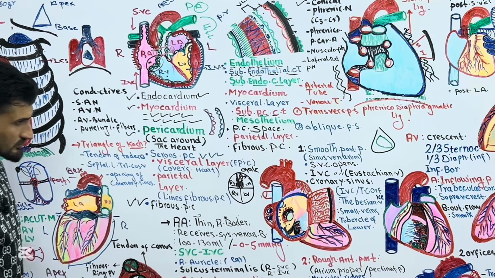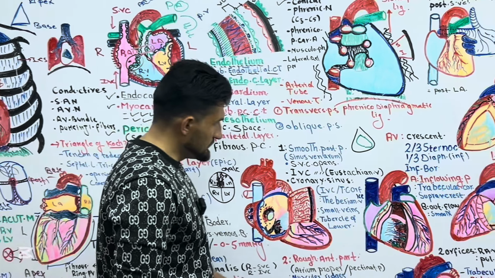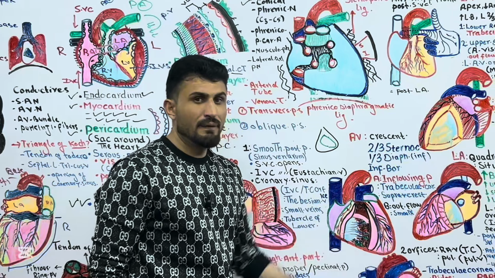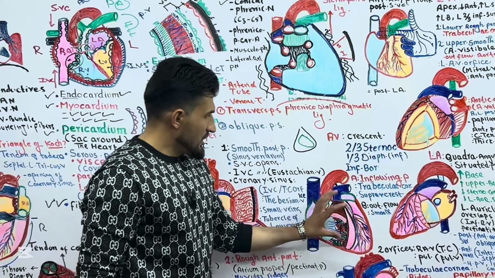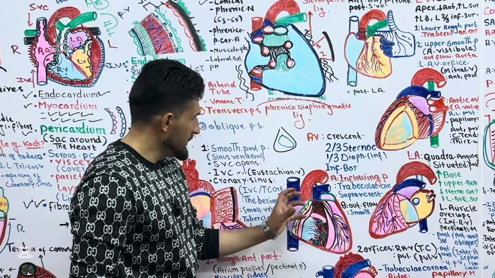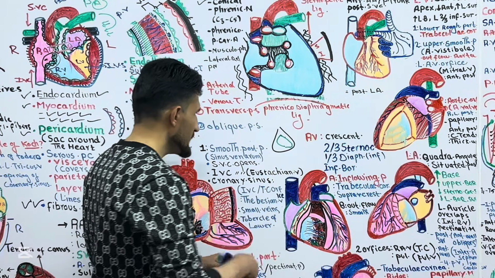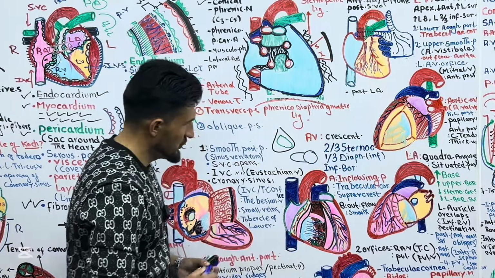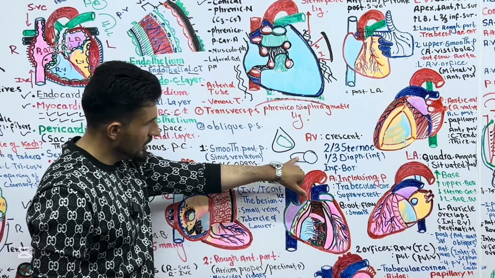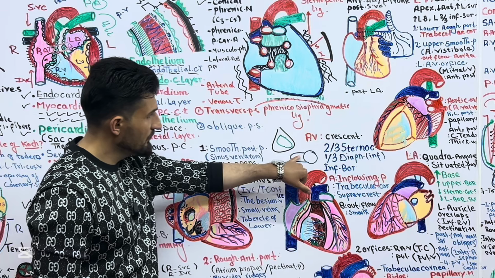Now, let's talk about the right ventricle. First, it has a crescent shape, for example, like this. This is the right ventricle.